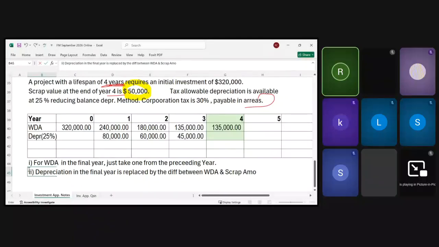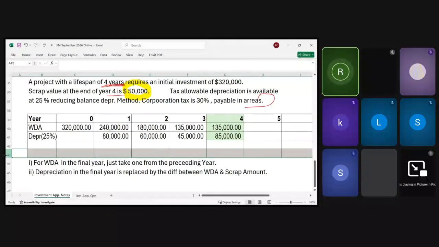For the final year, we are not going to calculate any depreciation. We are going to do this WDA minus 50,000. This is how we are going to calculate our depreciation.